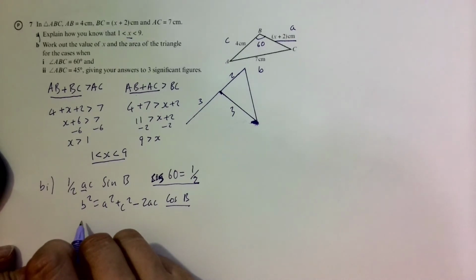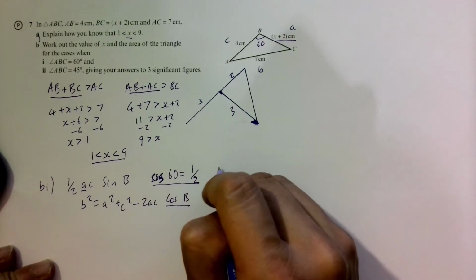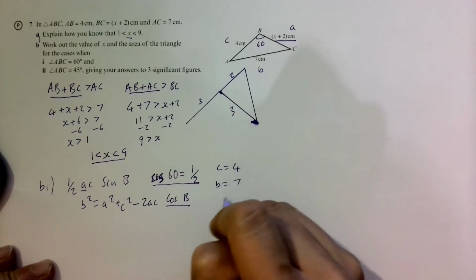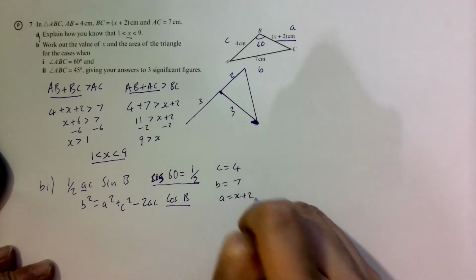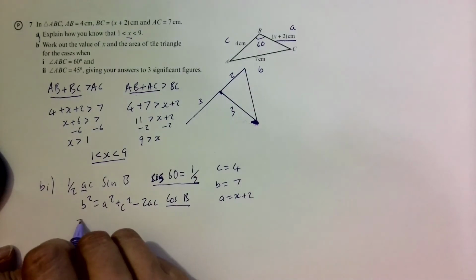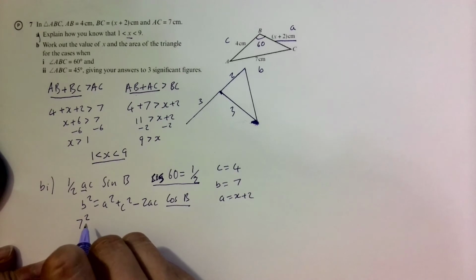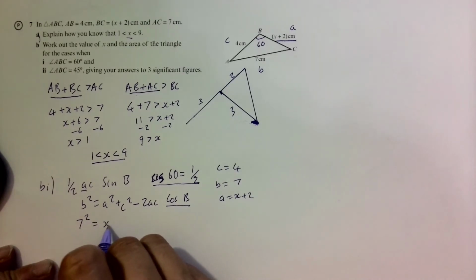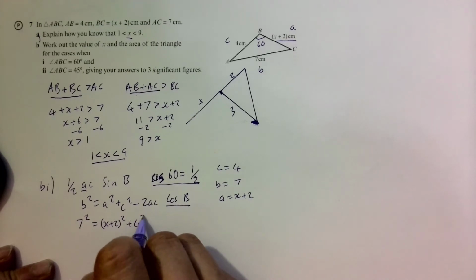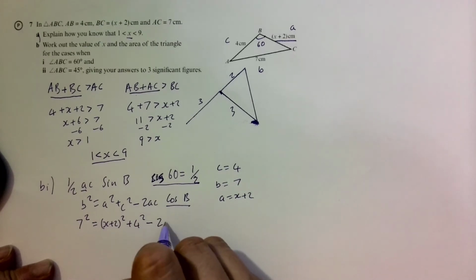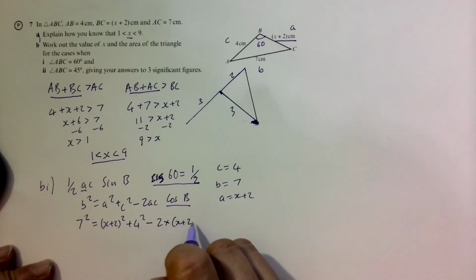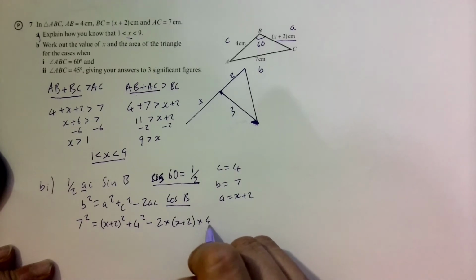So let's substitute the figures in. Now it's good form just to write c equals 4 here, b equals 7 and a equals x plus 2, so you don't make an error with your substitution. So let's do this. We get 7 squared equals x plus 2 squared plus 4 squared minus 2 times x plus 2 times 4.